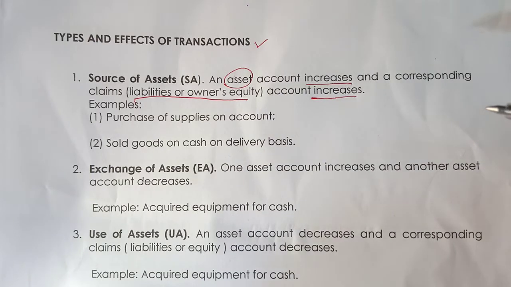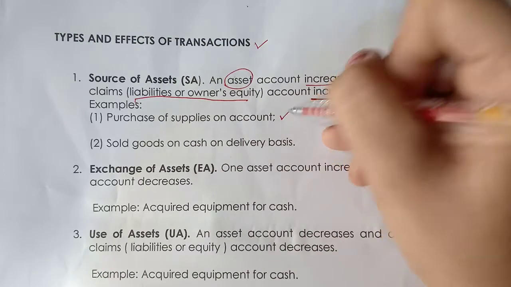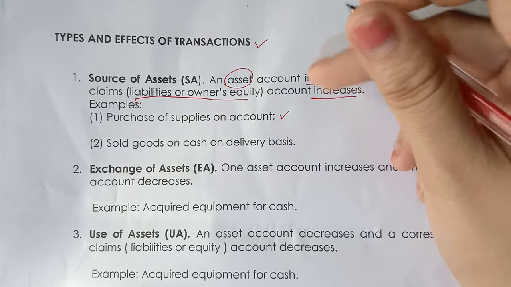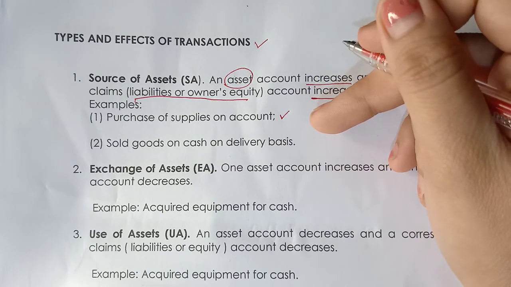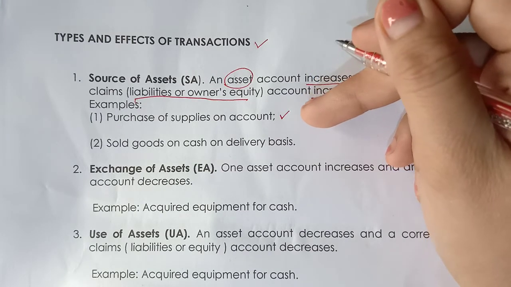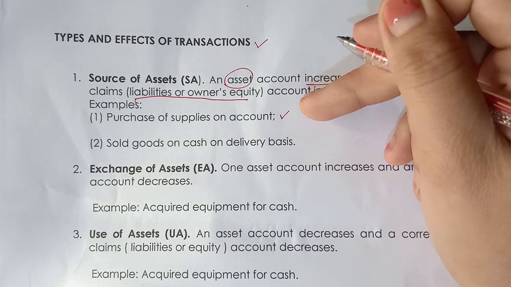So, in the journal entry, example is first, purchase of supplies on account. So, this is the first transaction. If the business purchases supplies on account, what does it mean?